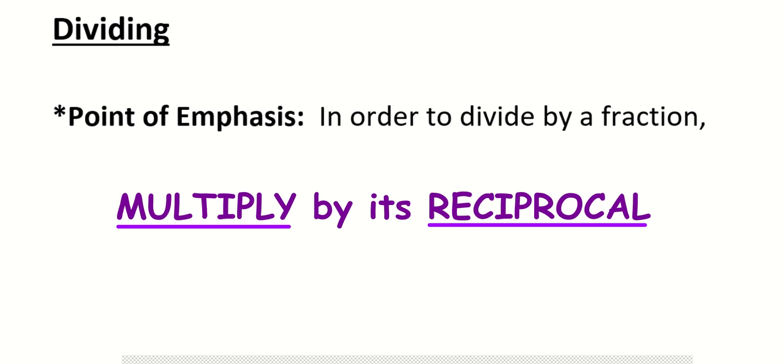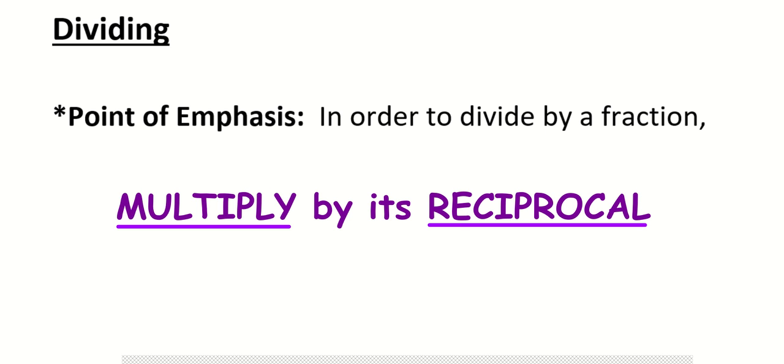All right, so reciprocal is a fancy word that I might be catching you off guard with. I'm sorry. But your middle school teacher might have said something like leave, change, flip. Is that right? Something like that. But you should probably learn the technical lingo here now that you're in fancy high school.